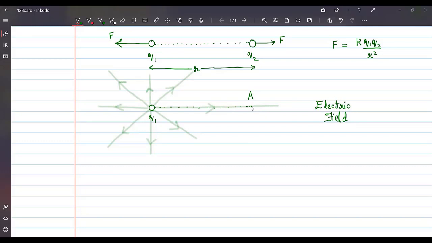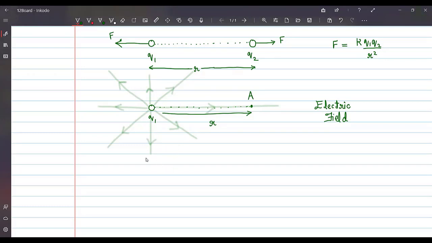Now, this electric field at a point r distance away should be independent of charge Q2, and it must be stronger as we go near the charge.